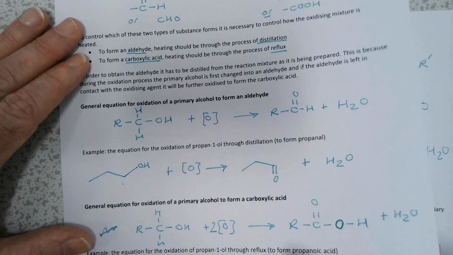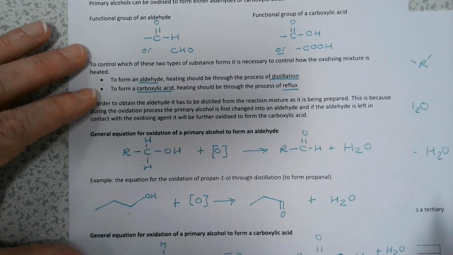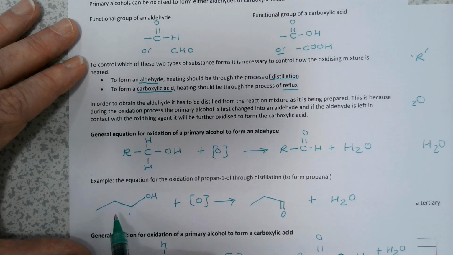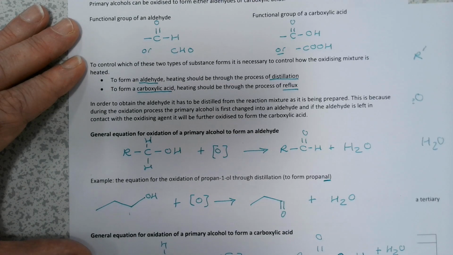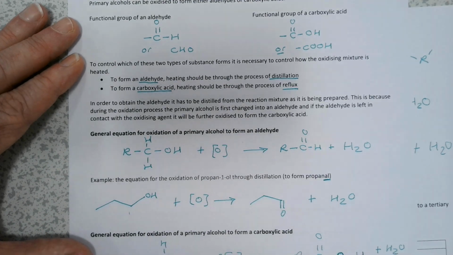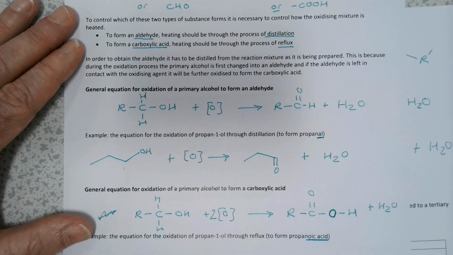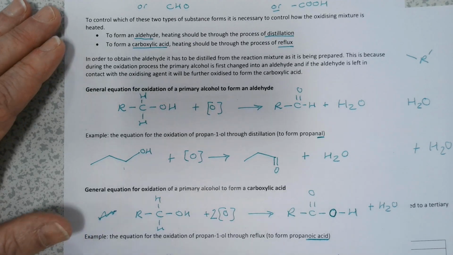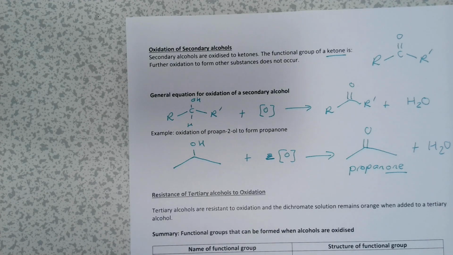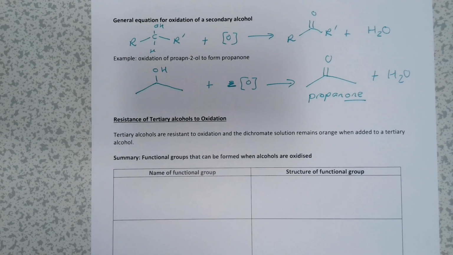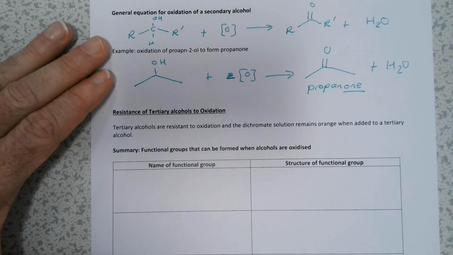Going back to our original page, our propan-1-ol makes propanal for an aldehyde and oic acids for carboxylic acids. So we've got aldehydes, carboxylic acids formed from primary alcohols, ketones from secondary alcohols.